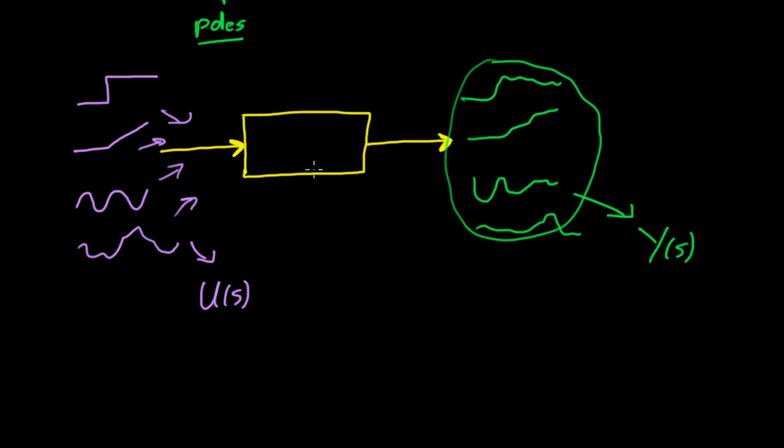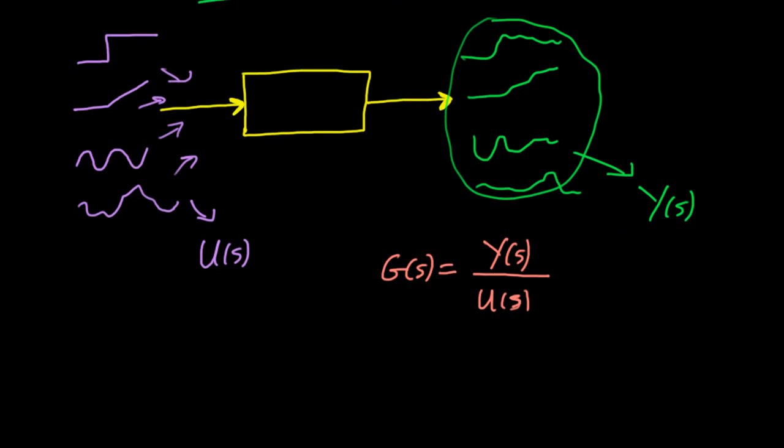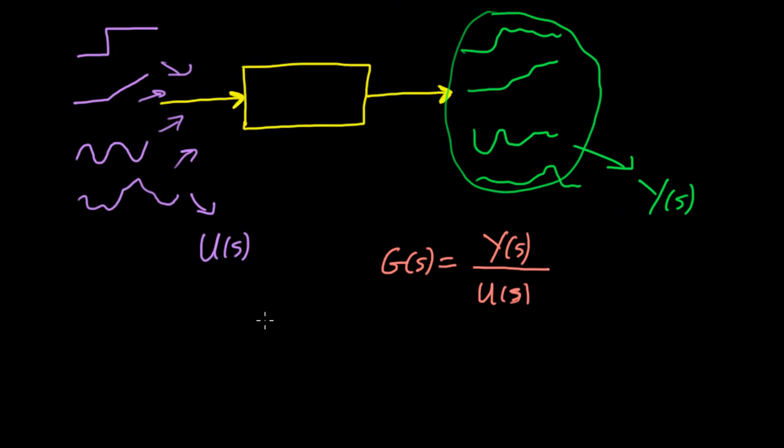And if we performed the experiments with the system at rest, with all initial conditions set to 0, then we have everything we need for our transfer function, because the transfer function G(s) is just the Laplace transform of the output over the Laplace transform of the input. There it goes. And we've been able to find it just by using experiments.